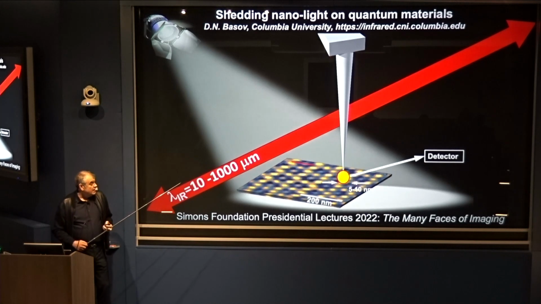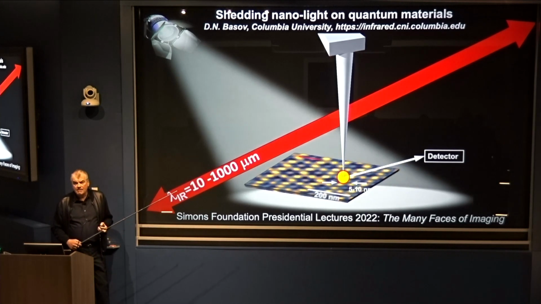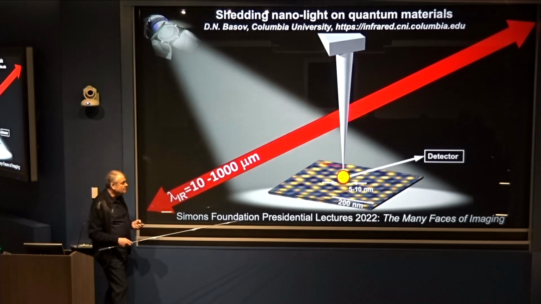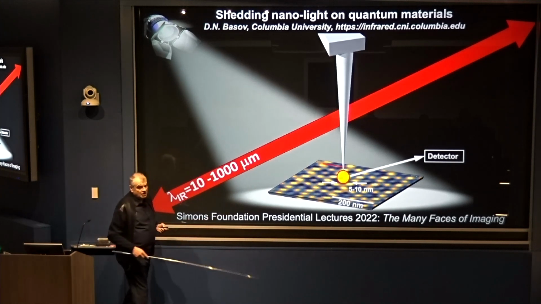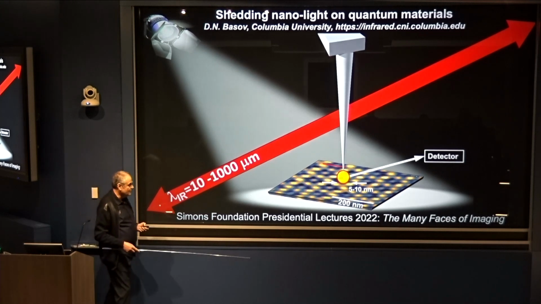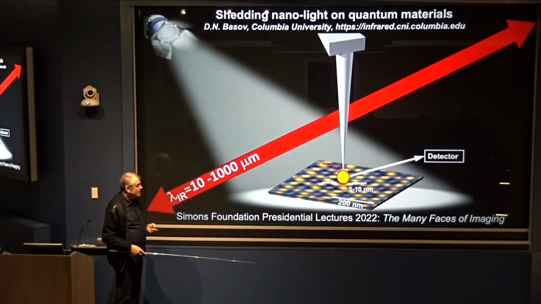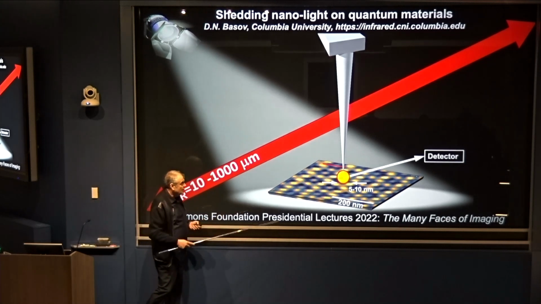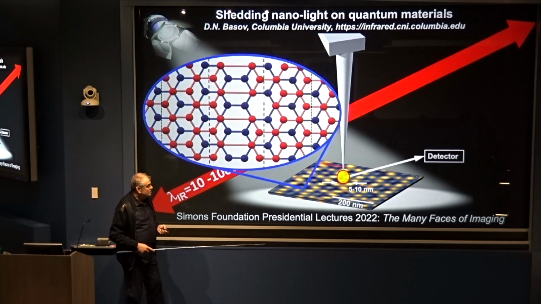And then you raster scan your sample or your tip, and you obtain maps of an interesting contrast that tells you hopefully something about the physics you are trying to investigate. This image may seem like a cartoon. It's not a cartoon.